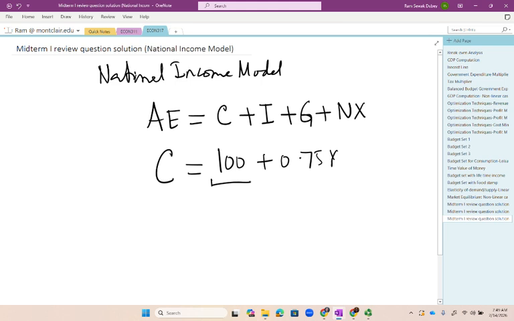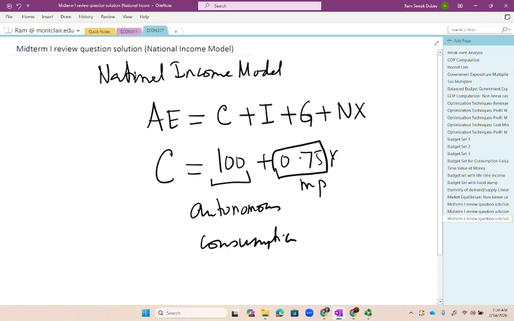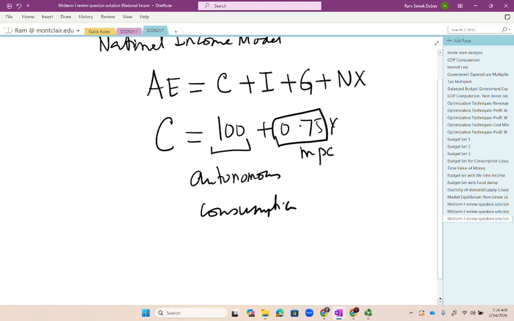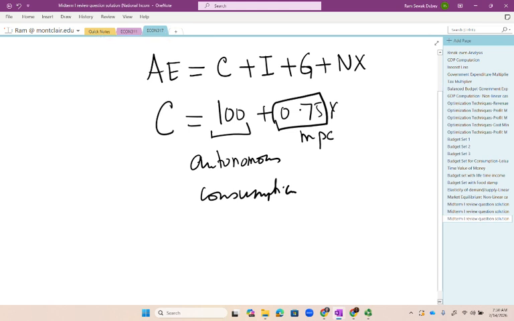Remember, this 100 is the autonomous consumption, and the 0.75 is the marginal propensity to consume. If households are given $1 more of their income, then their consumption goes up by 75 cents at the margin.